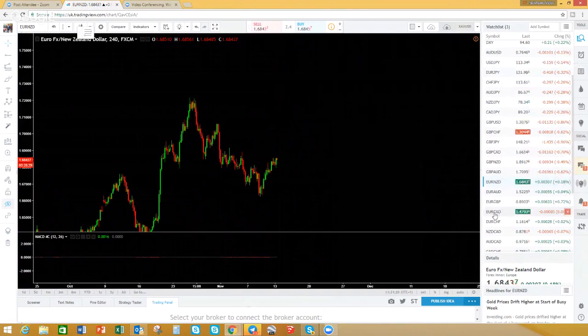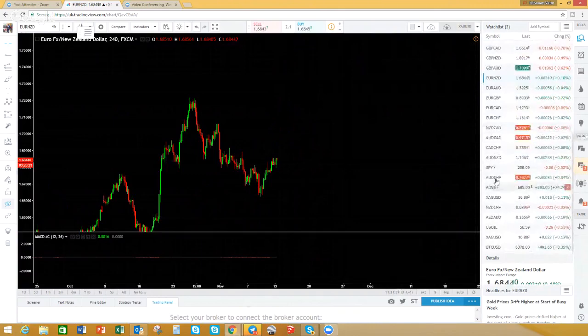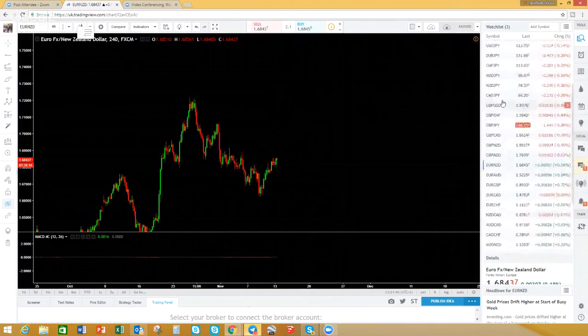Let's look at Euro JPY while we're at it. So I can show you this pattern here: the move down and the corrective structure that I said will form. Let me get Euro JPY.